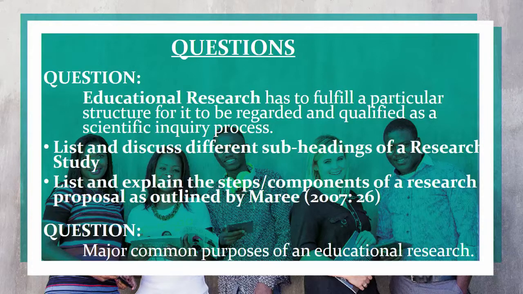Yes, we've got different subheadings. I can ask you to list them, and not only list but explain them as well. Which steps? Sometimes we say steps, sometimes we say components of a research proposal as outlined by Marie, 2007. Another question that you might expect is the major common purposes of educational research.